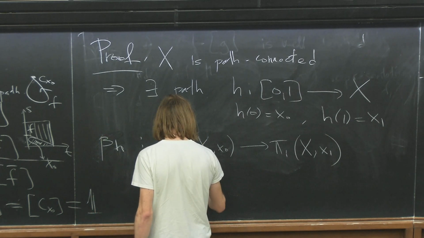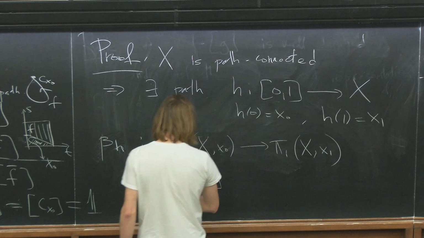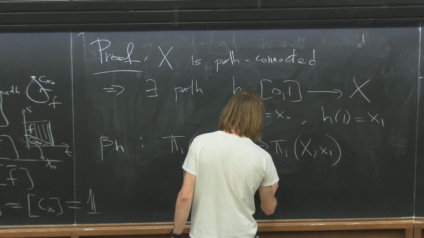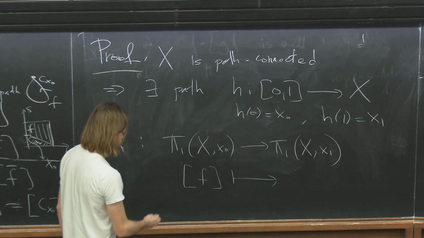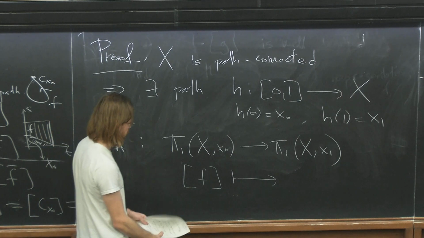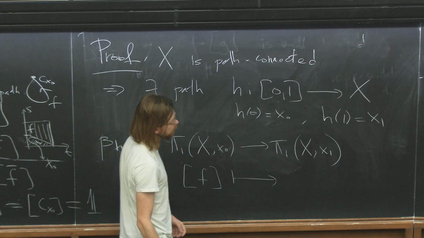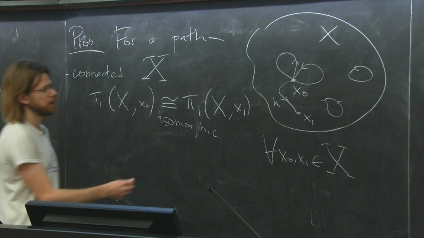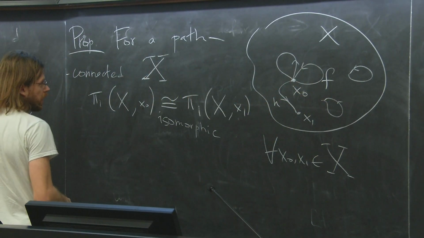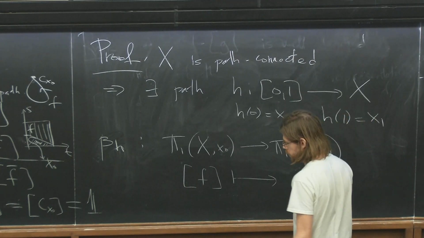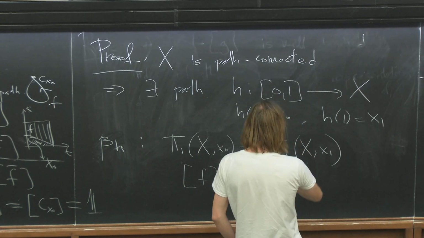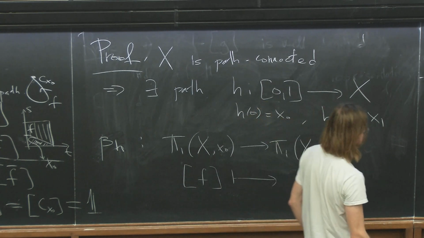We have to define this map on equivalence classes of loops starting and ending at x0. So we take some class represented by some loop F, and we want to get a loop starting and ending at x1.